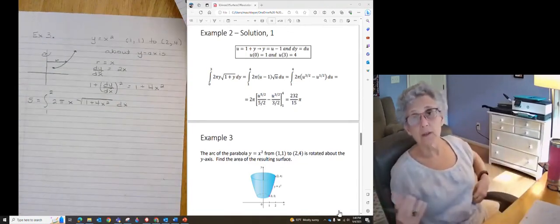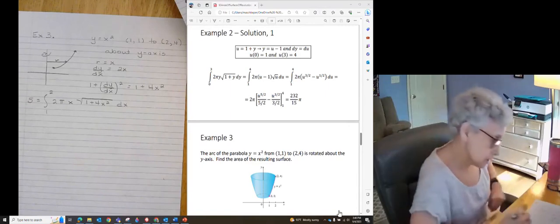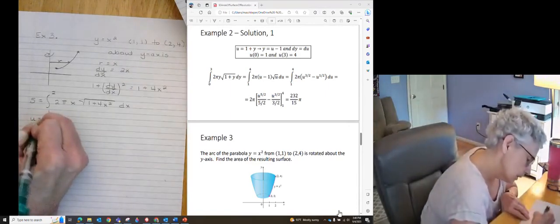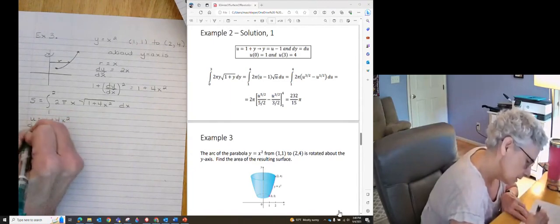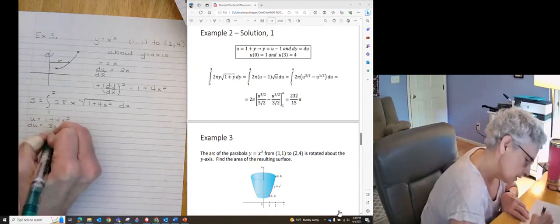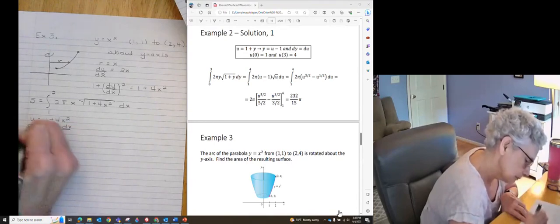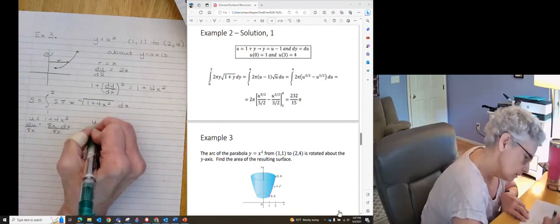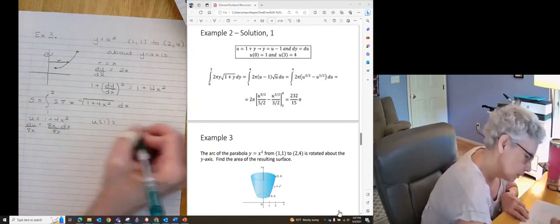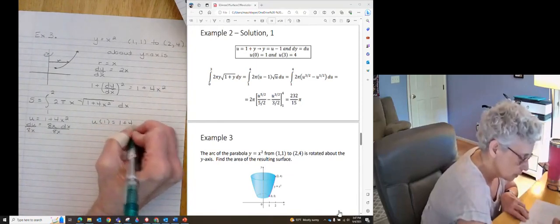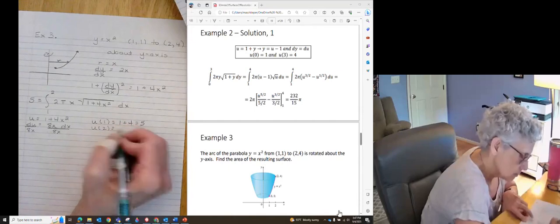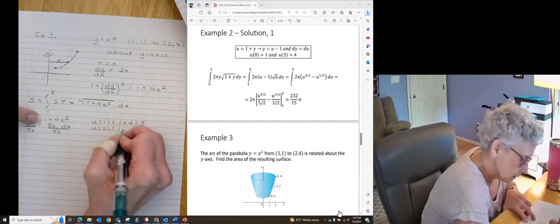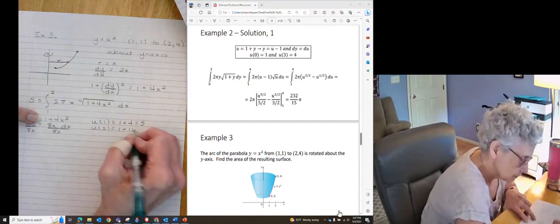And you get something that you can easily use u substitution on. u would be equal to 1 plus 4x squared. du would be equal to 8x dx. u evaluated at 1 would be 1 plus 4. u evaluated at 2 would be 1 plus 4 times 4.